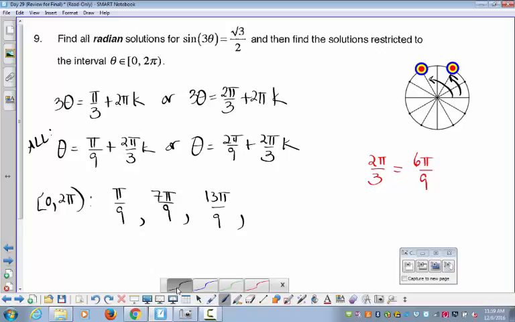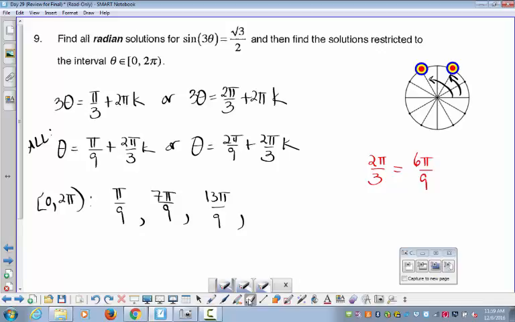And if we were to be sort of mindless and keep on adding, what we would notice on that fourth one is that, oops, we're greater than 2 pi. 18 over 9 is 2, and we went more than that. So that's not one of our solutions. Here's where we notice the following.